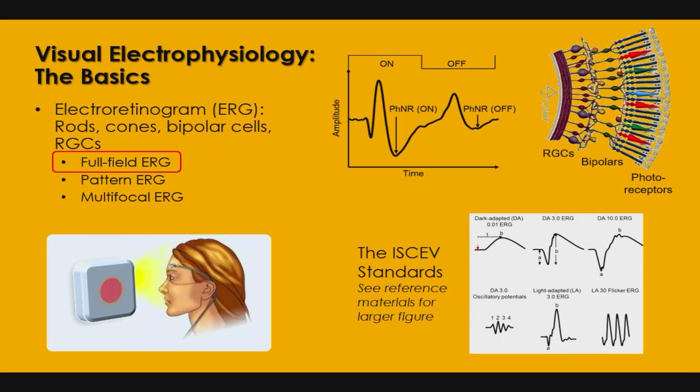There is a body or an organization known as the International Society for Clinical Electrophysiology of Vision, ISCEV. ISCEV has what we call standards, like protocols, that should be used generally. Of course, you can do other different kinds of stuff, which we call the extended protocols.